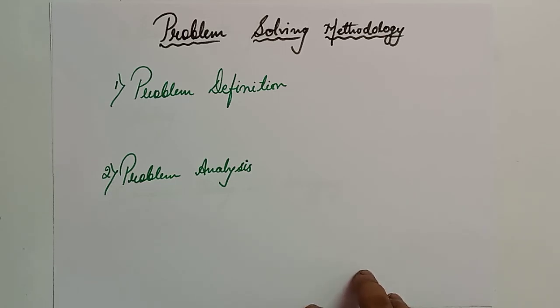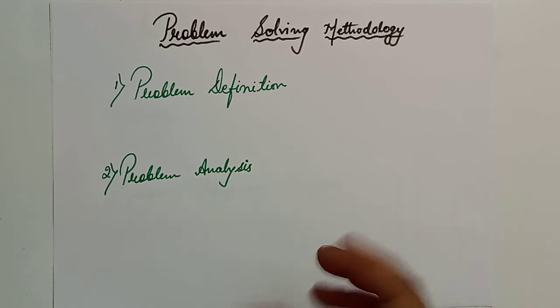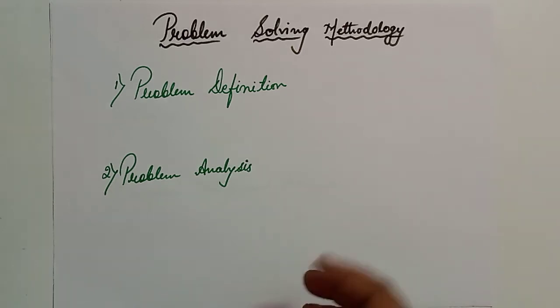Let's say, for example, we have to write a program to find the factorial of a number. First you have to understand what a factorial is, and the second thing is to understand how to calculate the factorial. These two things should be there. So this is the problem definition.